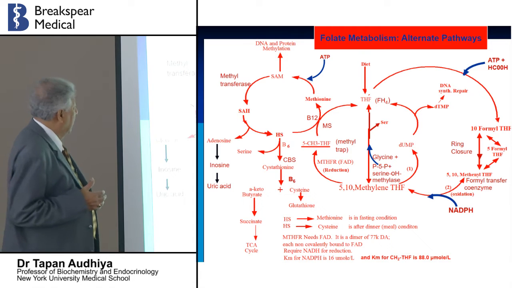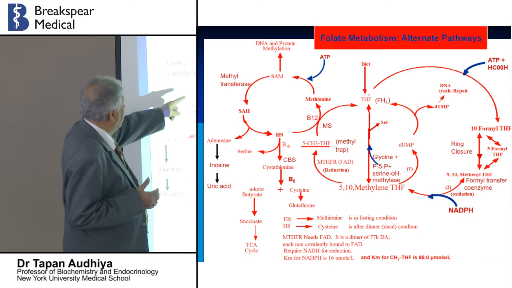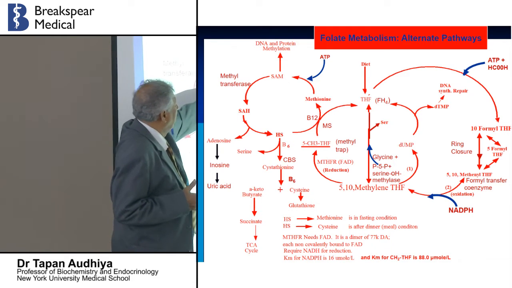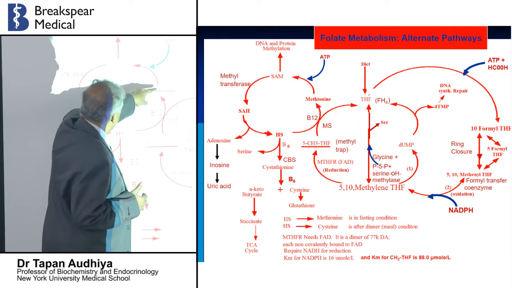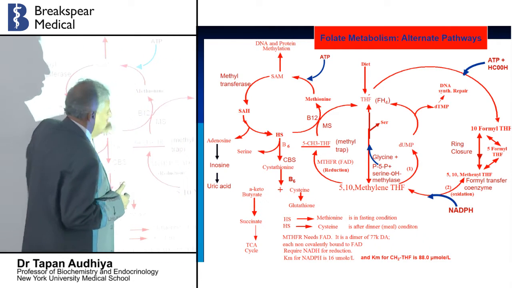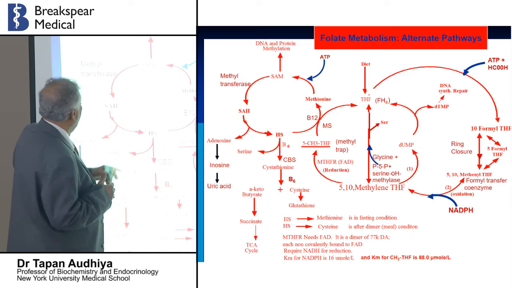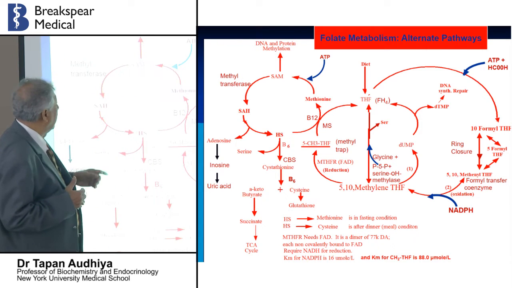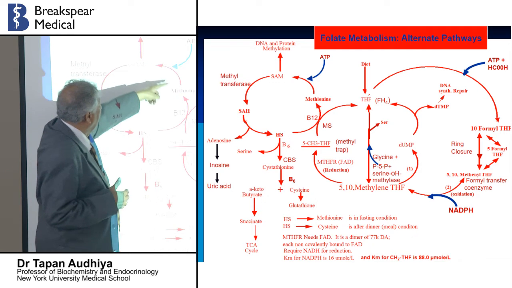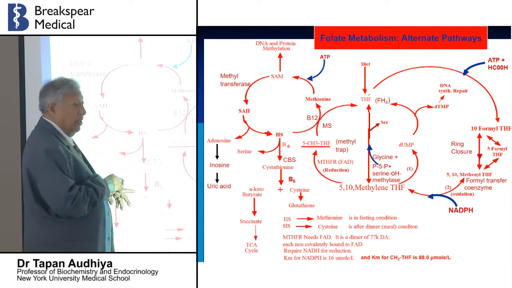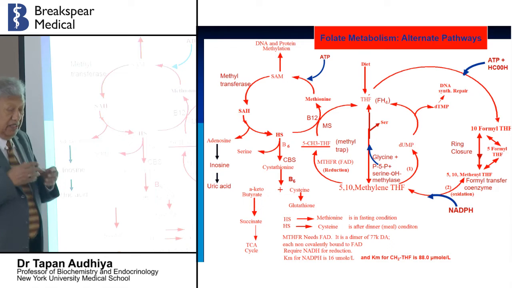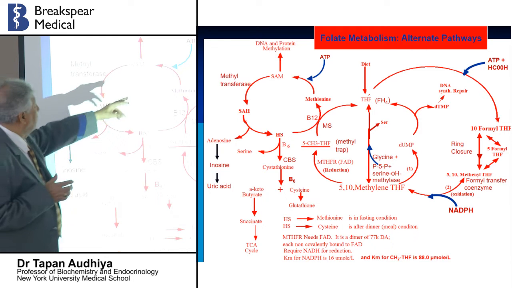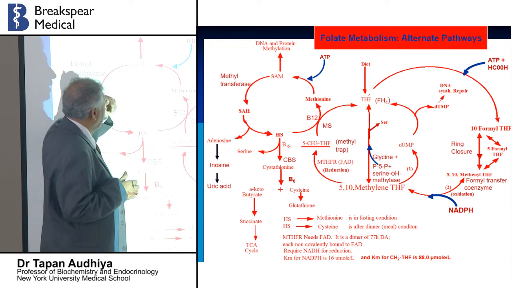Now, as I told you, the first enzyme here requires methionine to convert it into S-adenosylmethionine, which helps you to make DNA methylation. That is one enzyme, which converts methionine with the help of ATP into that.